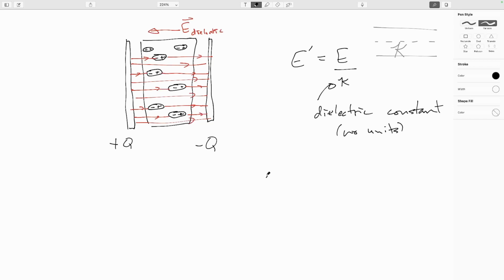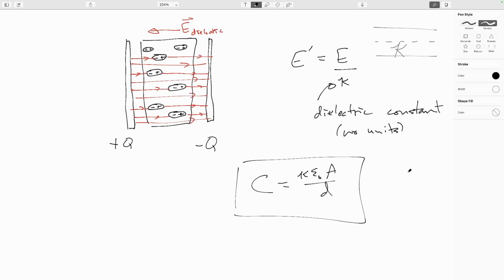So if there's a dielectric present for our parallel plate capacitor, it would now become kappa epsilon naught A over D. Now, if this is air, this kappa is no big deal. It's a number just barely bigger than 1, and so you can generally treat it as 1.